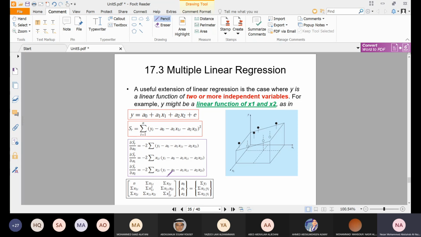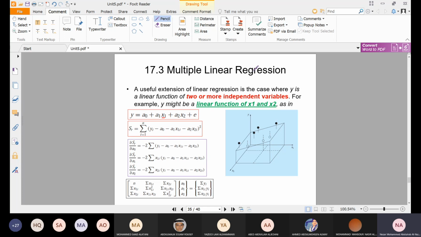Okay, so the third section, when we have multiple linear regression. So far we have fit lines or curves to data described by a single variable. What we described before, we have a single variable, x.